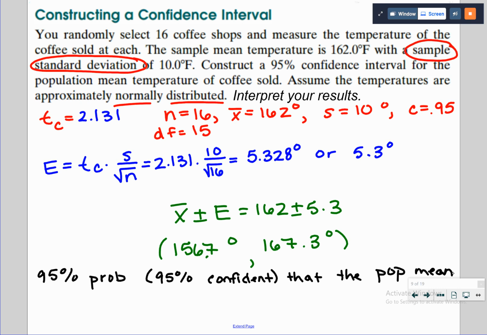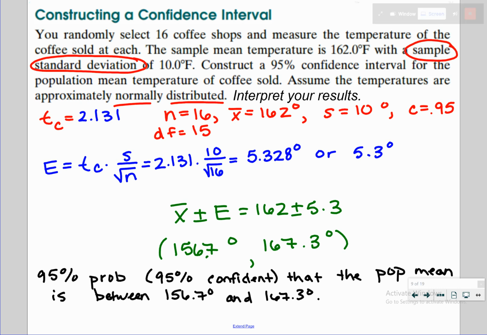We're trying to figure out what is the population mean of all coffees in all the coffee shops, is between 156.7 degrees and 167.3 degrees.